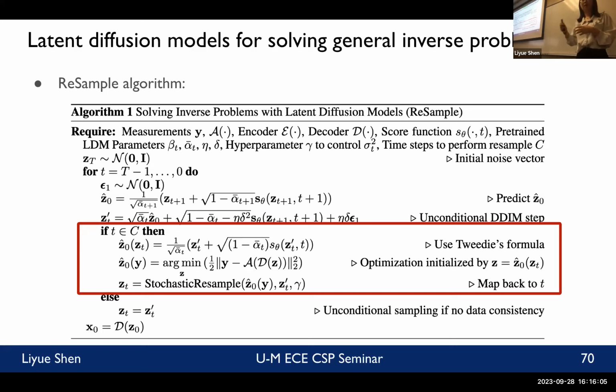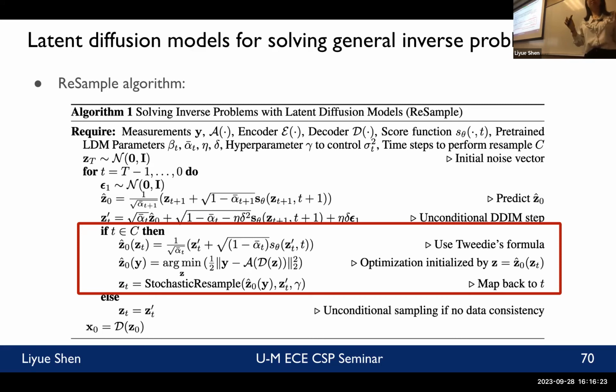And also, more importantly, how can we map back from the Z0 to the ZT with low variance into the manifold of the ZT to continue the next step of the sampling process? This procedure is what we call the hard data consistency in our paper.